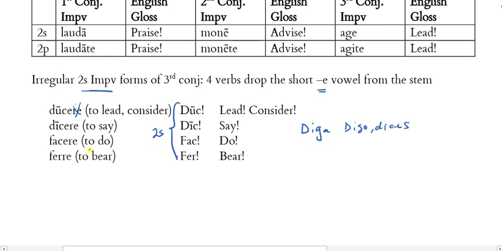Facere is to do, and you might expect face to be the imperative second singular, but fac without that short e. Do, fac. And then ferre is to bear, and its shortened irregular form is fer for the second singular. So bear with me. All right, so duc, dic, fac, fer. So those are your irregular forms. So happy hunting with your third conjugation verbs.